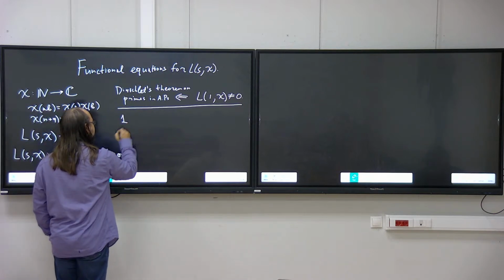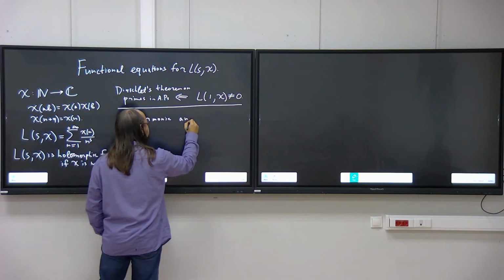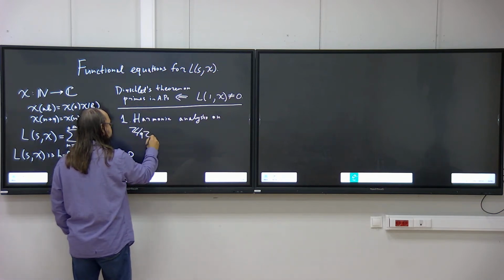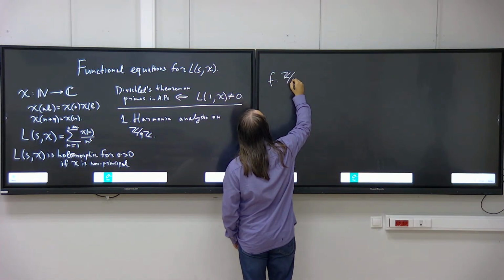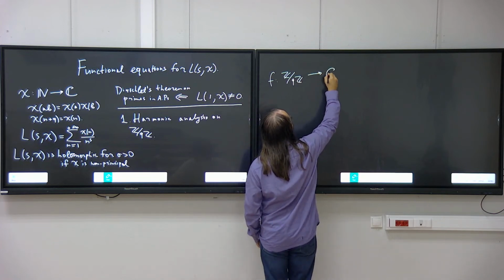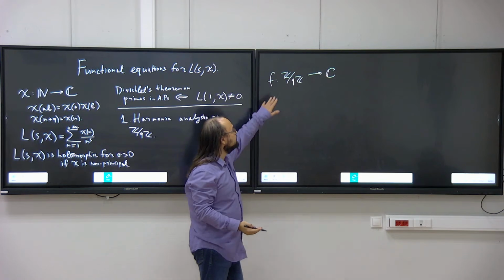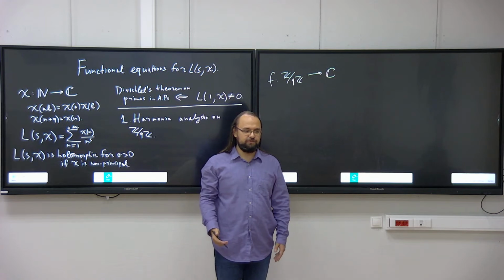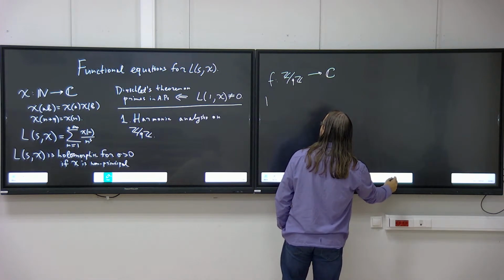So the first thing is harmonic analysis on Z over qZ. Suppose you have some function f from Z over qZ to complex numbers. Then you can define some other function on this group, which is called the Fourier transform of your function. This is a definition.